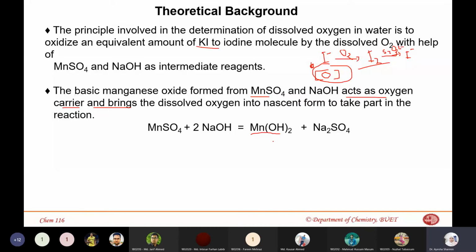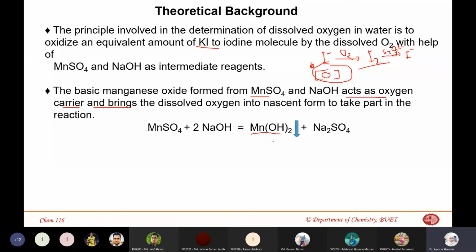Only then are hydroxides soluble. And manganese is not that special cation. So manganese hydroxide is not going to be soluble. So it will come out as a precipitate. Okay?